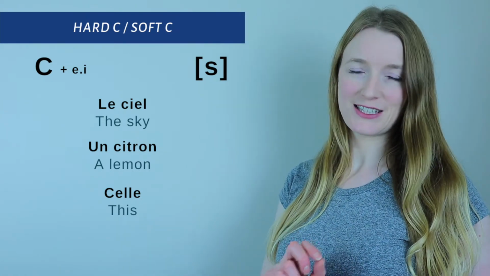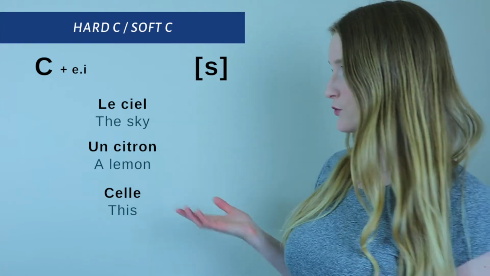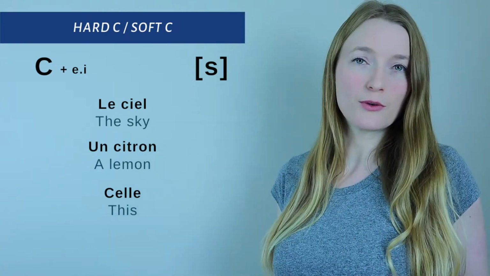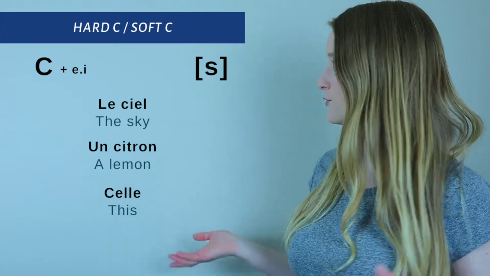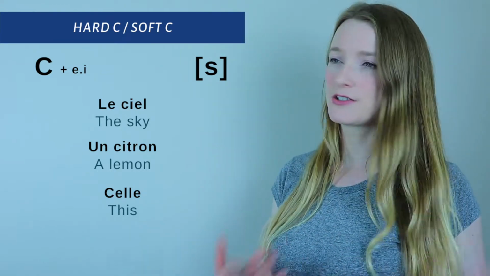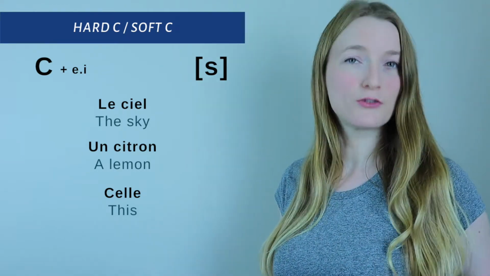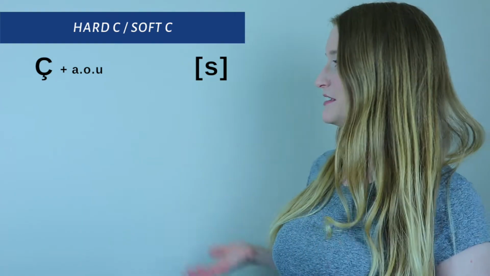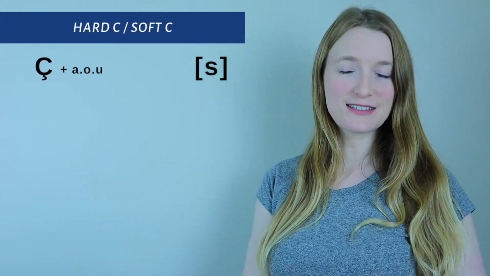For this one, it can also be at the end or in the middle of the word, it doesn't matter. I focused on the beginning of the word because I think it's easier to pronounce and easier to practice.